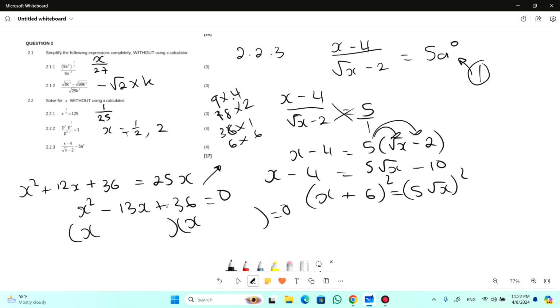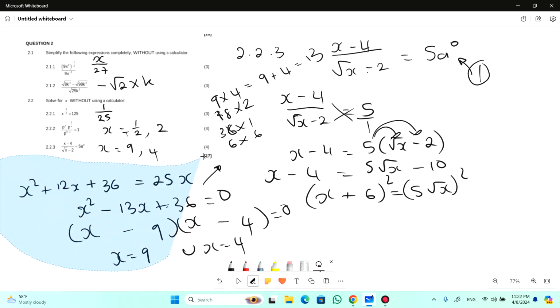You also have 9 times 4. If you subtract, 9 minus 4 will give you 5, then if you add, that will give you 13. So you can use the 9 and the 4, but here there's a negative, so we use the negative, hence x should be 9, or x should be 4 in that case. So I have x equal to 9 and x equal to 4.